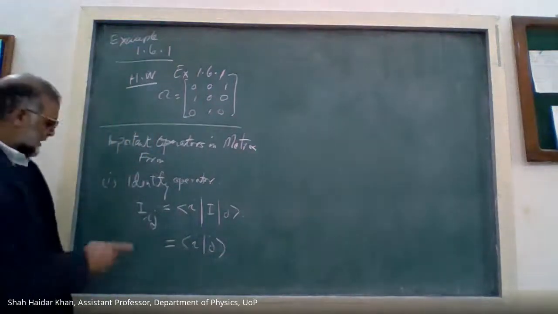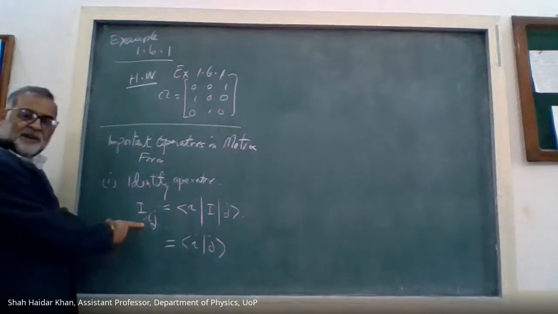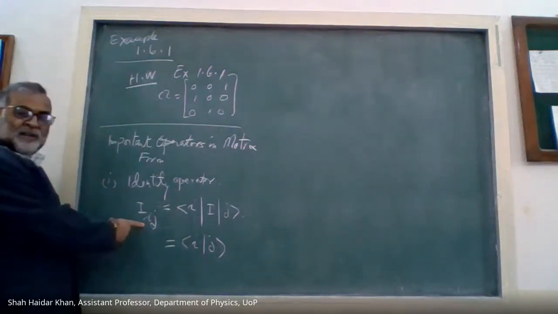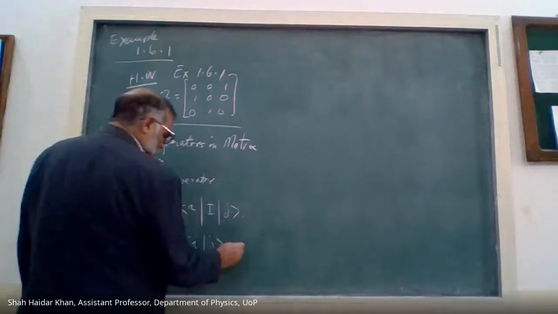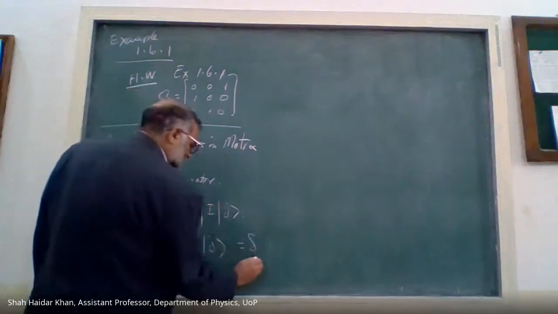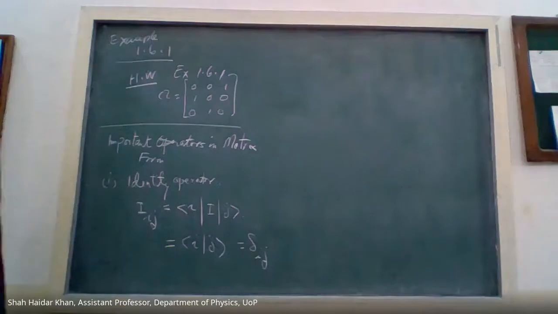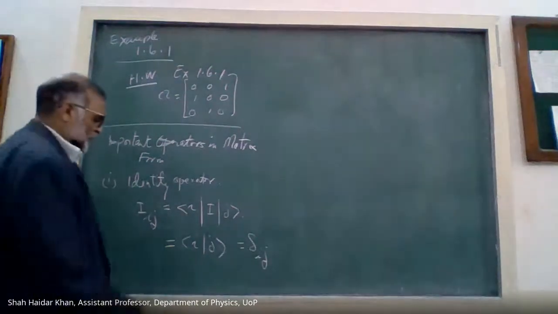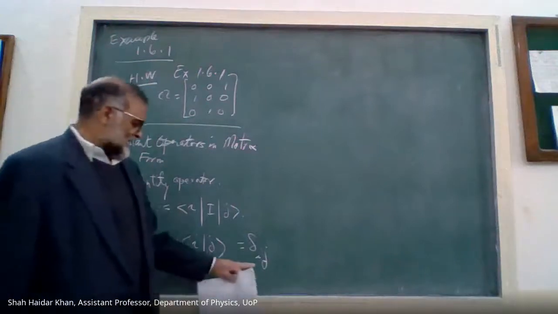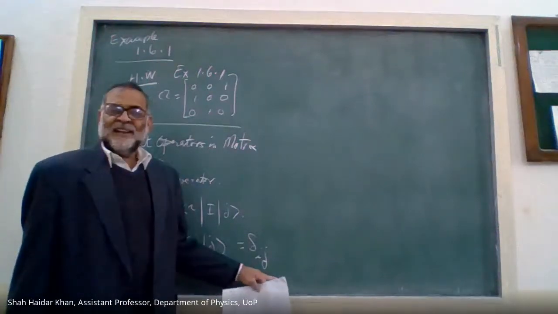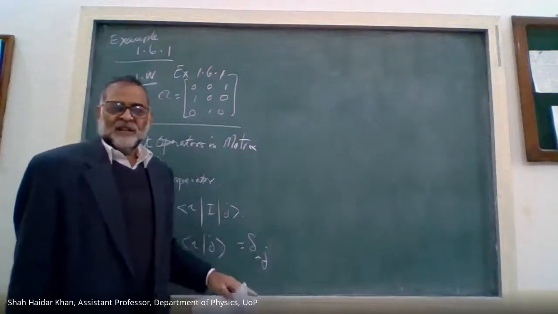So the element of the identity matrix which lies in column i and row j is equal to delta ij. So you get the element of the identity matrix by delta ij, which means that if i is equal to j, it is equal to 1, and if i is not equal to j, it is equal to 0.